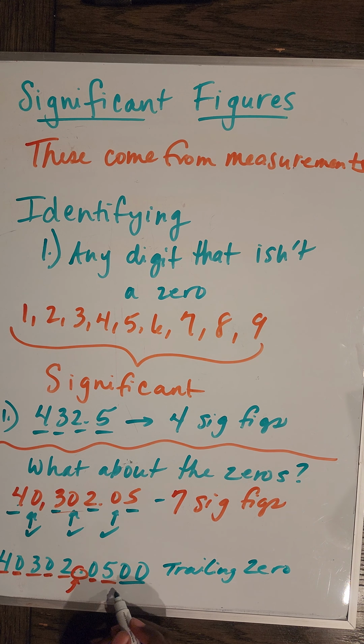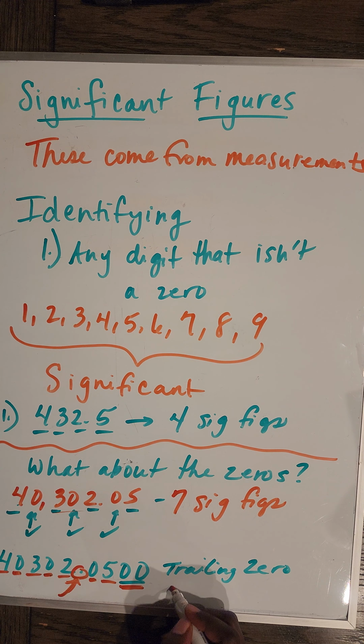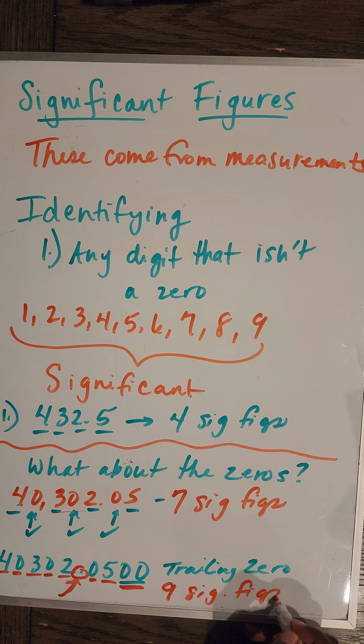They're at the end. If you see a decimal, like we see right here, then that makes these trailing zeros significant also. So how many sig figs would you count here? 1, 2, 3, 4 that are not 0. 1, 2, 3 that are, that's 7. Plus these 2 trailing zeros, that's 8 and 9. So this one would have 9 sig figs.